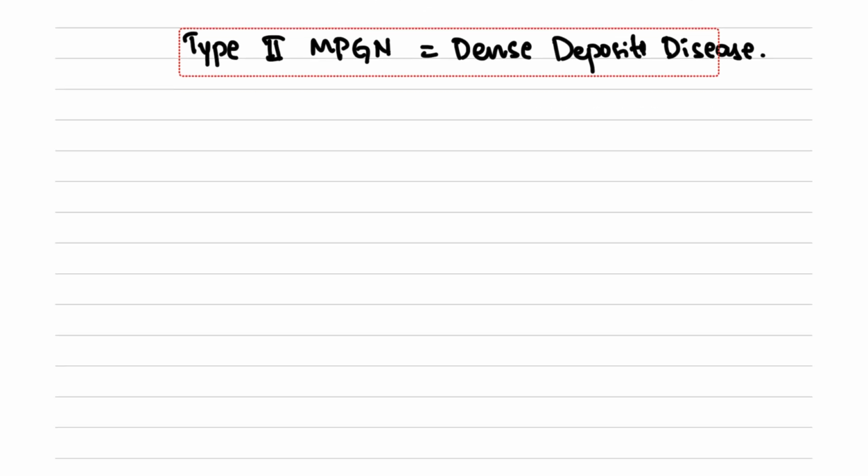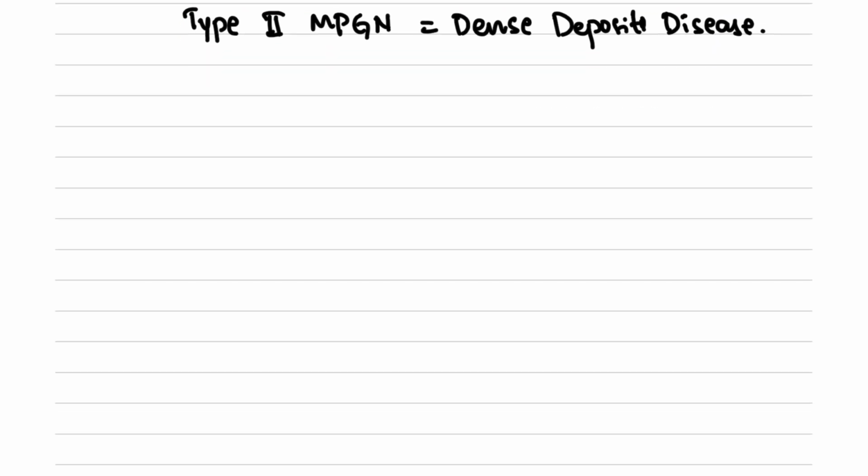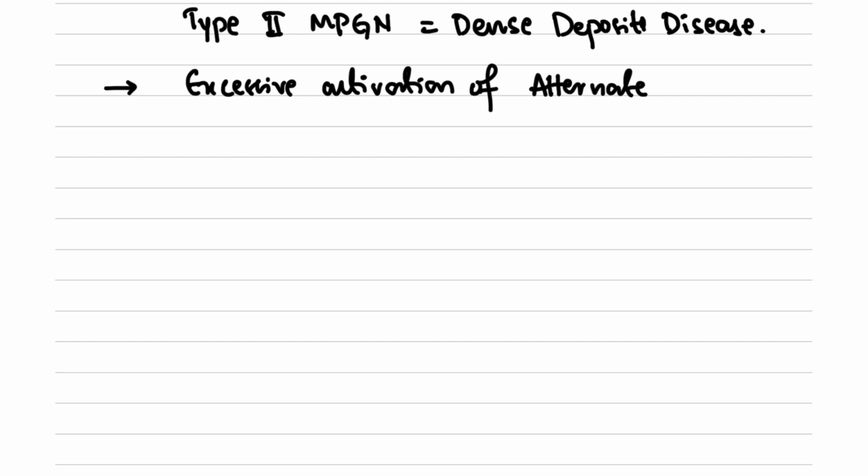In this, there will be excessive activation of the alternate complement pathway. This is all you need to know.